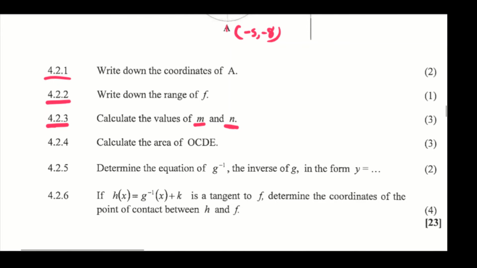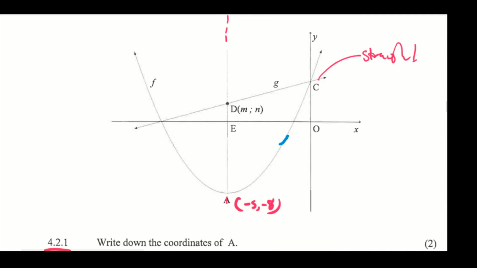Then in 4.2.4 we are asked to find the area of OCDE. So we want to find the area of this shape here, which looks like a trapezium, right?